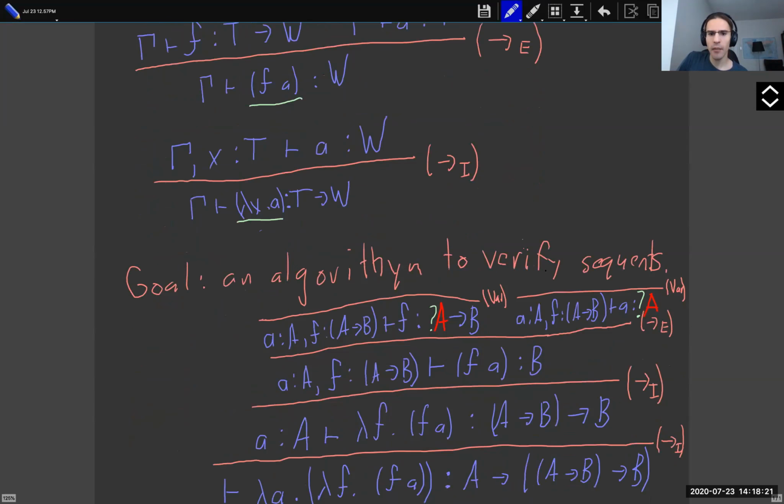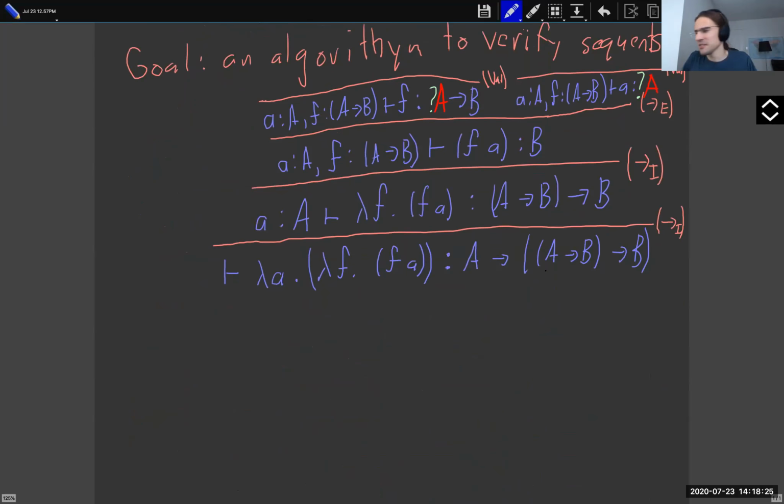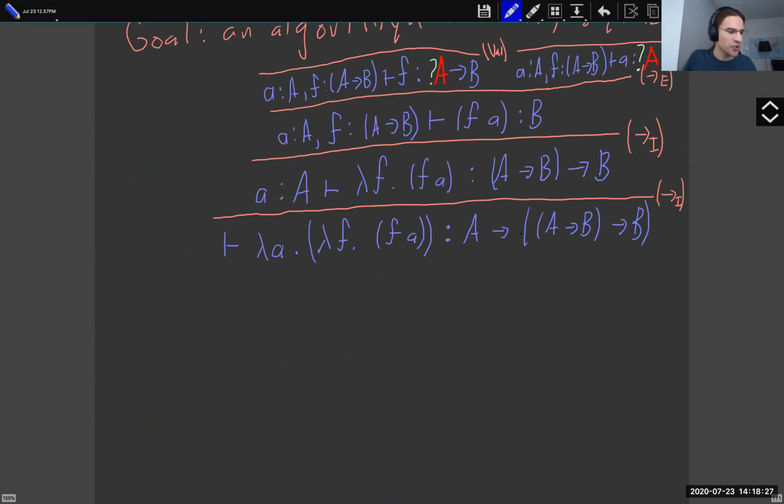Okay, so what we now see is that perhaps there are two different computational problems at play. The first is you're given a sequent and you want to verify it, right? So the first problem is going to be called type checking.